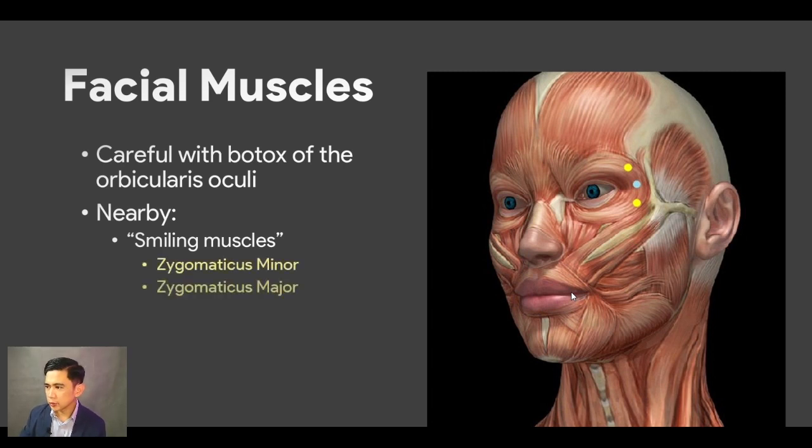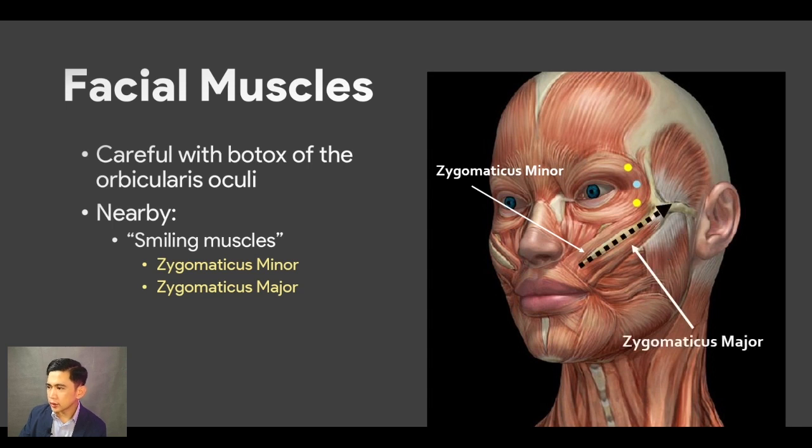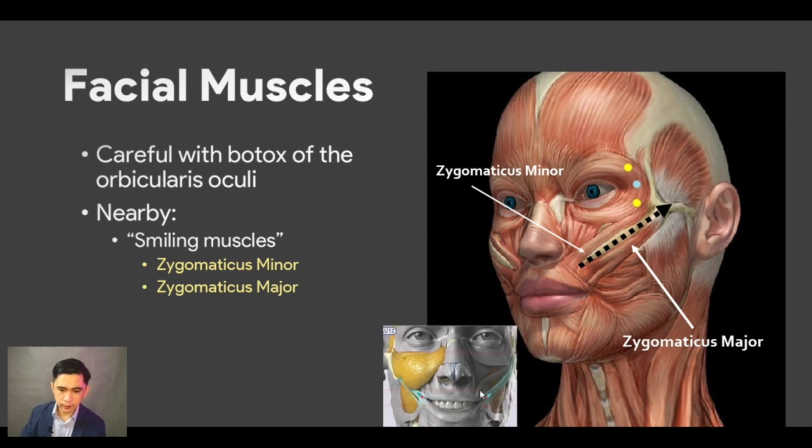These are the zygomaticus minor and zygomaticus major. This is the minor, which is a smaller muscle, and this is the zygomaticus major. These two will pull the mouth or the lips upward, and thus produce a smile, just like this one. It will pull it upward.